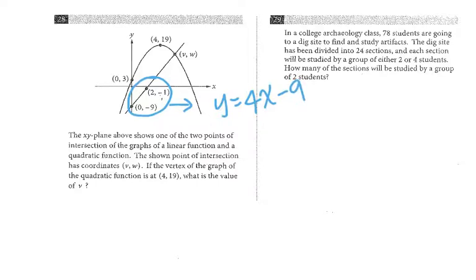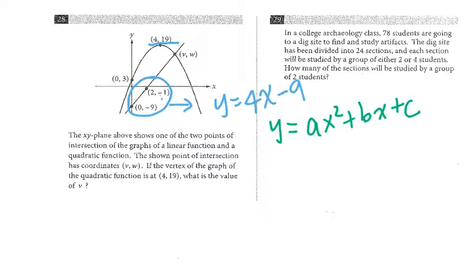That's the first step. Then we try to find that quadratic function with 419 as the vertex. We assume that quadratic function will be y equals ax squared plus bx plus c.